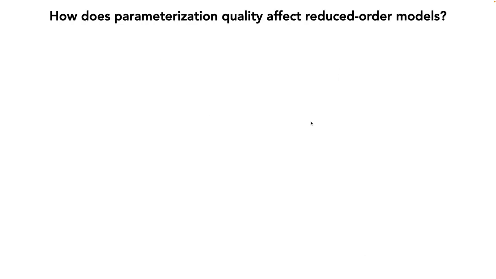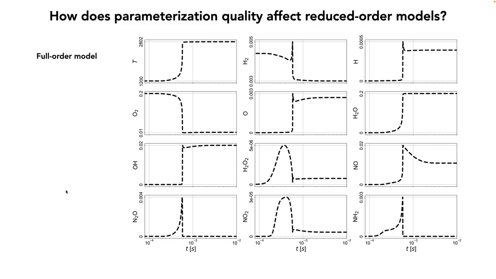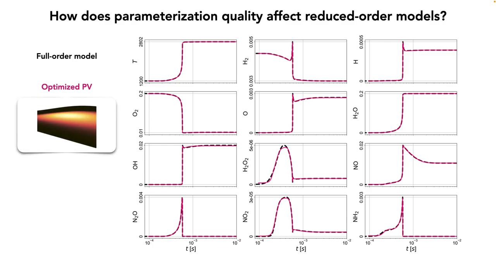And finally, we link our a priori assessments of parameterization with the success of a numerical simulation of zero-dimensional reactors. And here I'm showing the profiles of important thermochemical variables in a full order model. That is, if we solved all transport equations for temperature and all mass fractions. And these are reconstructed profiles from a reduced simulation that used our optimized PV definition.